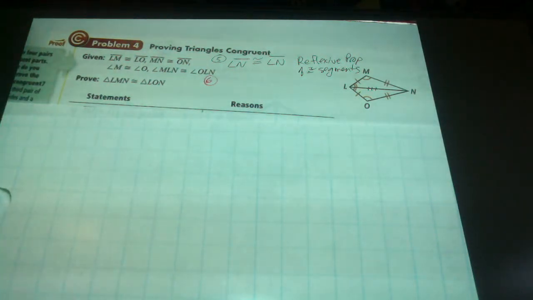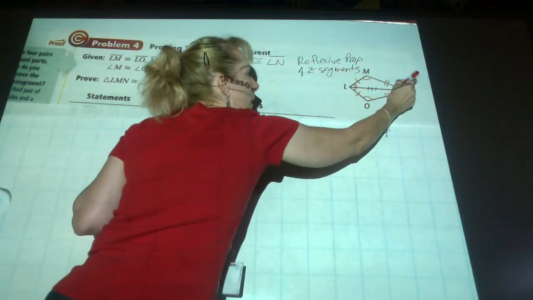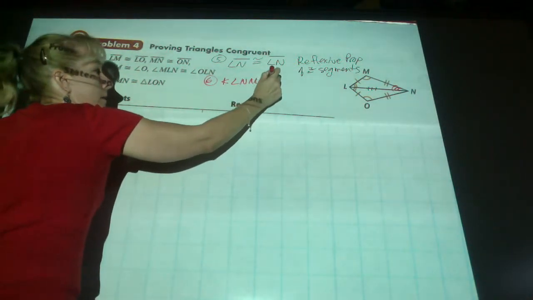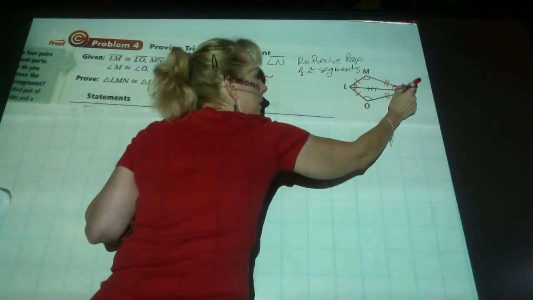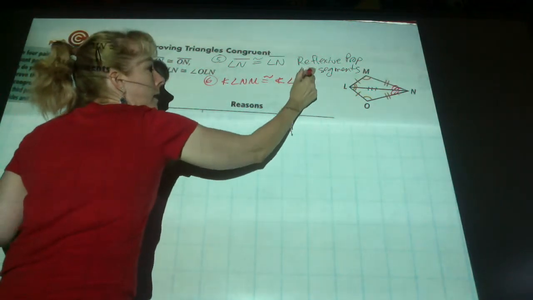Which angles are missing? At what vertex? There's only one angle vertex that isn't arced. N. So how are you going to name this angle right here correctly? LNM. So angle LNM is congruent to, or you could have said MNL, as long as N is in the middle, is congruent to this one, LNO.